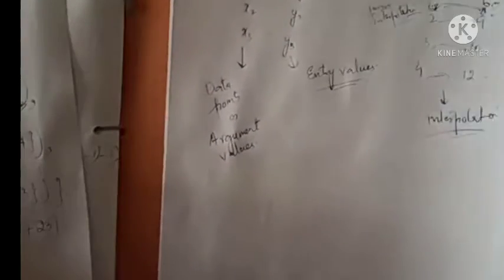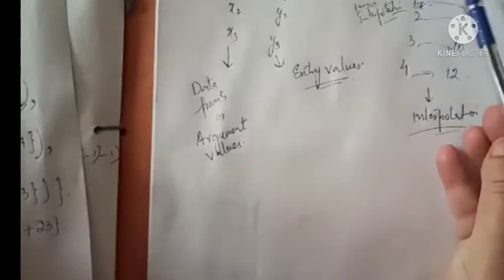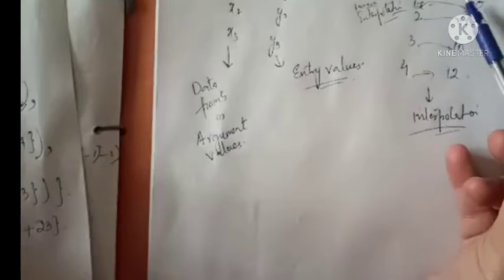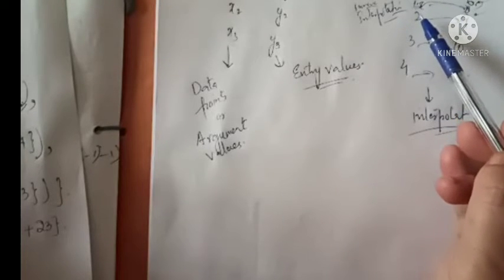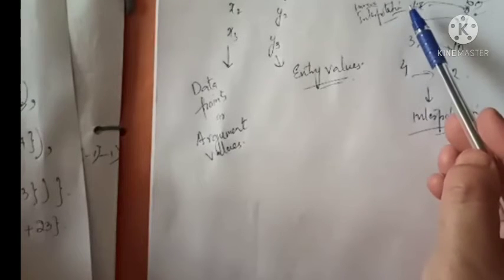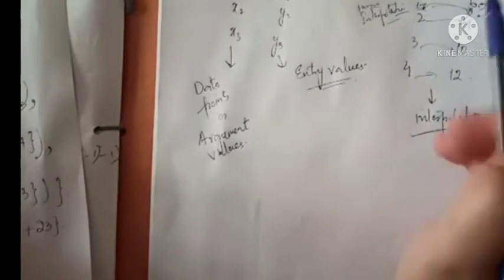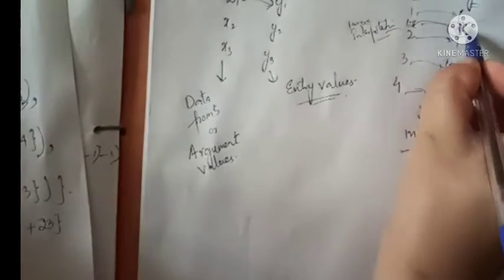Okay, these are the 5 things which you must all know. Now the question is, when each argument value has an associated entry value, and we have to find values which are not known to us, that process of estimating the values of a dependent variable with respect to the independent variables is called interpolation. Now which method should I use so that I can get this value?